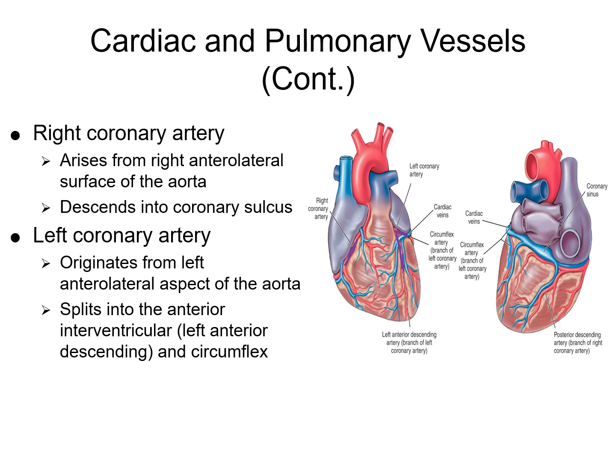And then the posterior descending artery, you can see real nice there. And then one of the main blood supplies to the heart in its deoxygenated form is going to be that coronary sinus, which traverses the heart right there.